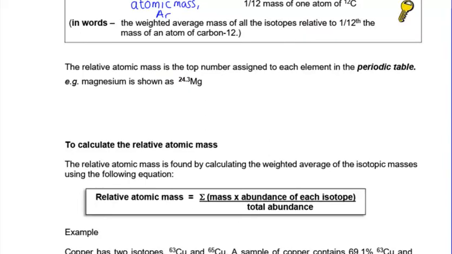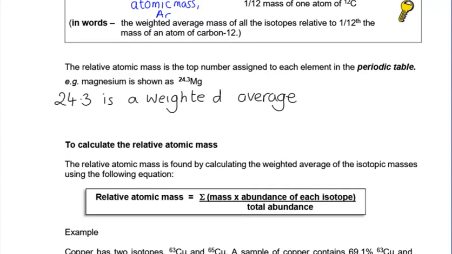So when we calculate this weighted mass, what we will find is the number in the periodic table. It's that number to one decimal place that's shown at the top. 24.3 is a weighted average, because there are actually 3 isotopes of magnesium, and if we have a look at their percentages, we can understand why it's 24.3.